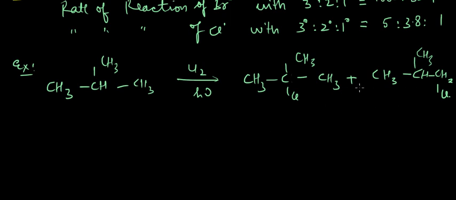Both products we get, and obviously the major product would be this, but there won't be a substantial difference in the percentage yield of this and this, because it is more reactive, less selective.